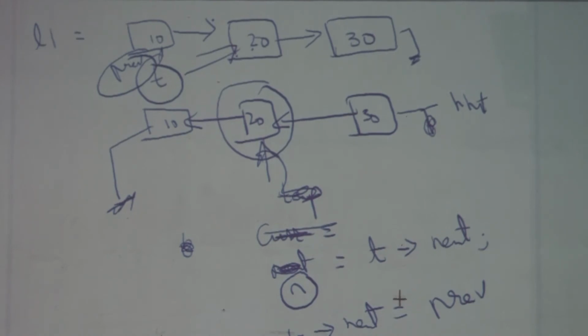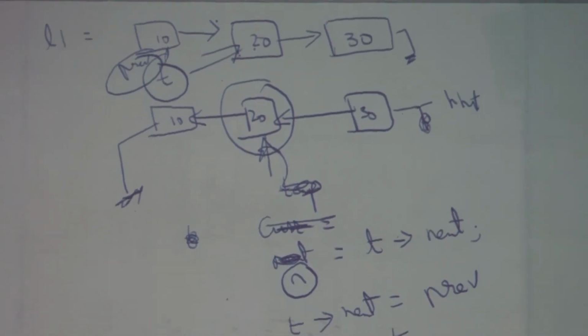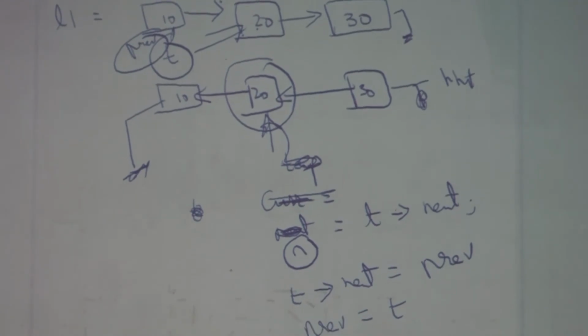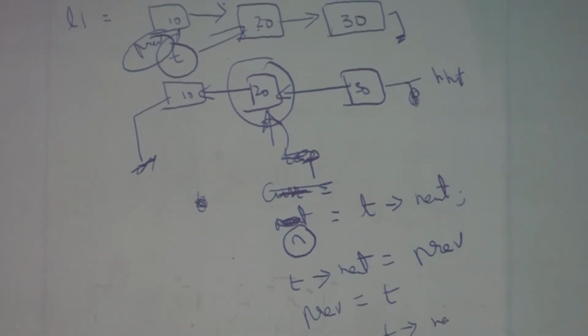What should happen to previous? Previous should also get updated now. So I should say previous is equal to, where should previous be? T. Because in the next step, this guy is going to become previous. Previous is equal to T. And T is equal to T's next.